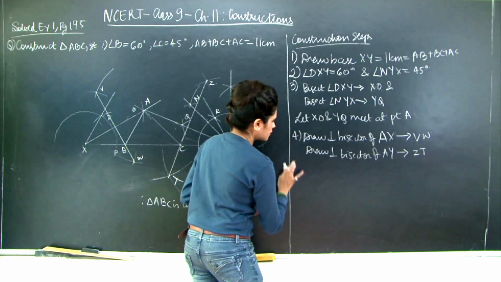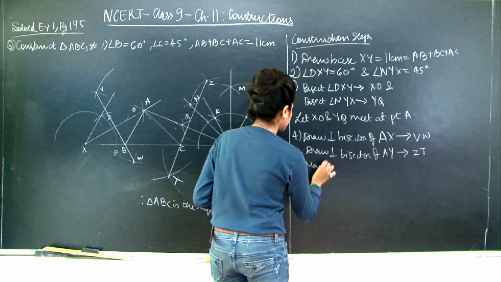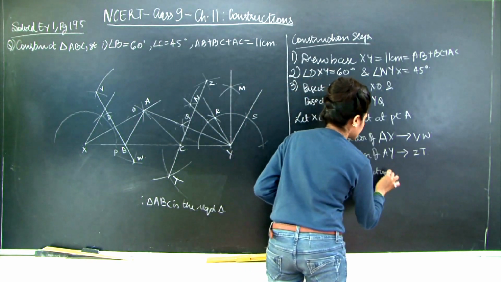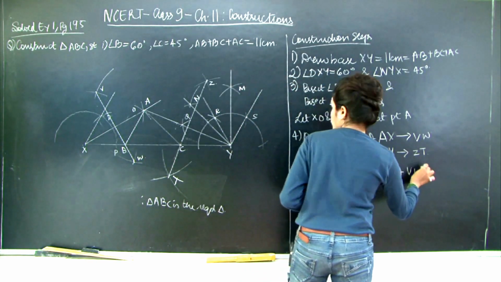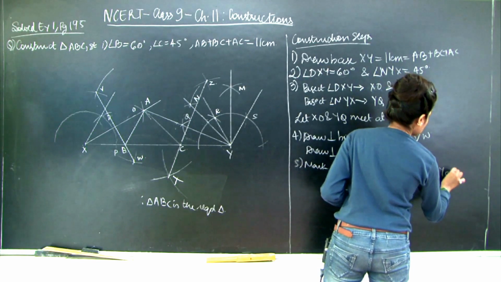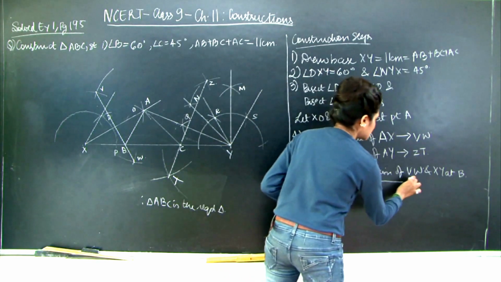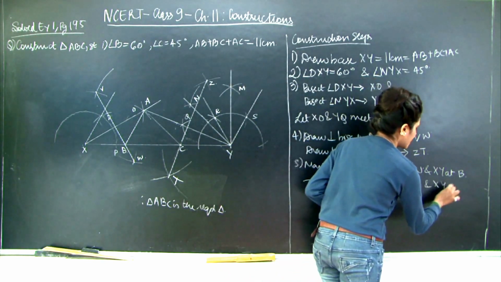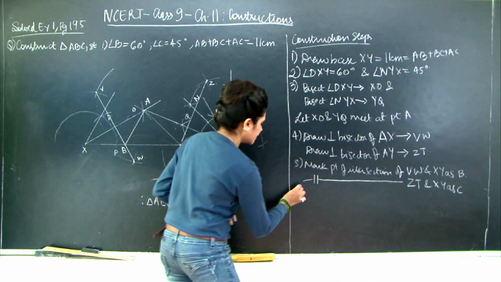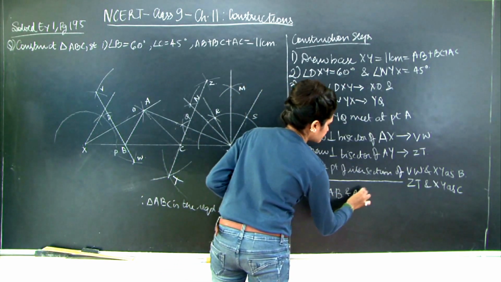So fifth, once you've drawn the perpendicular bisectors, mark point of intersection of VW and XY as B, and mark point of intersection of ZT and XY as C. Then join AB and AC.